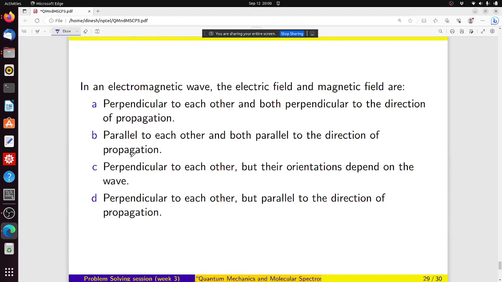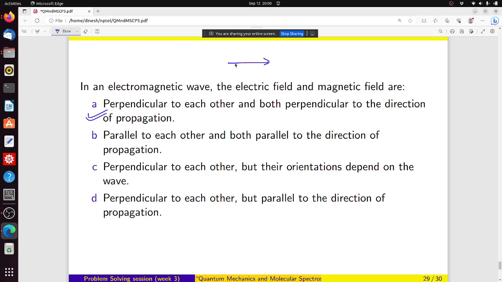In an electromagnetic wave, the electric and magnetic fields are, okay, it's pretty easy. So option A. Yeah, right.